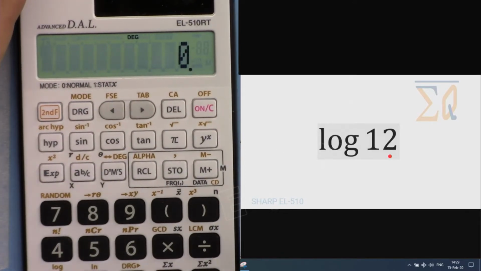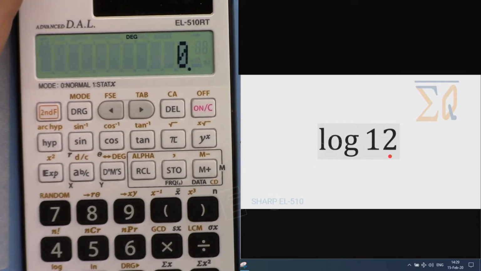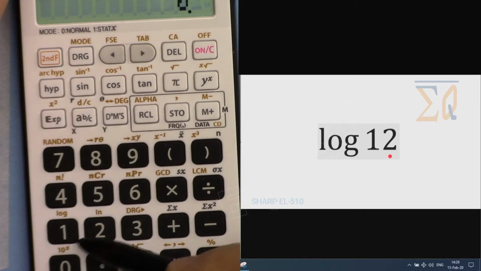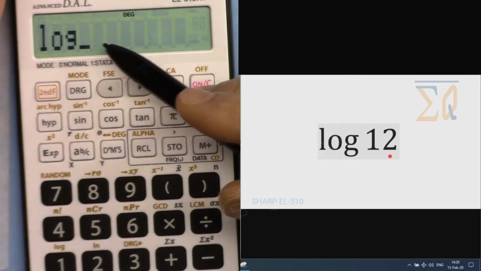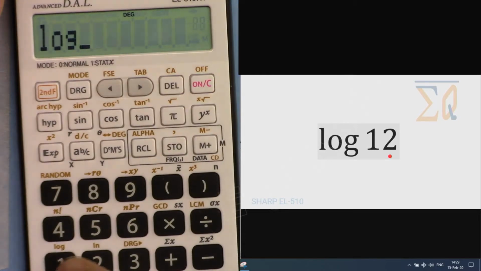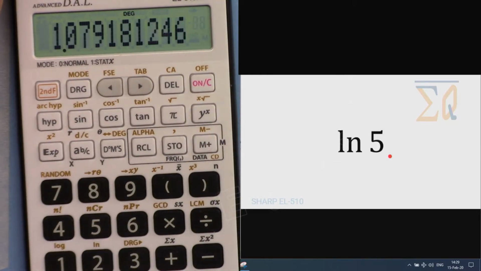To get log or logarithm of a value, we have a dedicated button for logarithm. Logarithm is a digit 1 second function, so I'm pressing second function and you will see log and then 12. It gives you the value, and that's natural logarithm or ln.